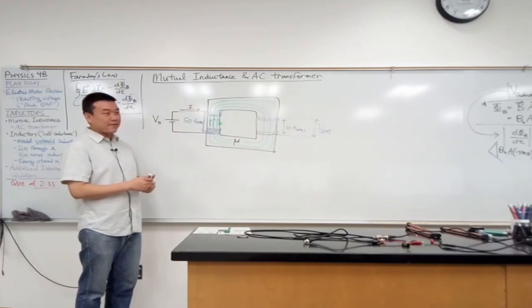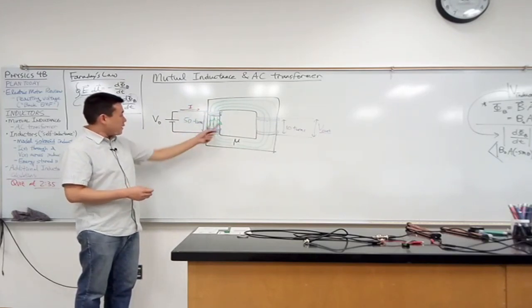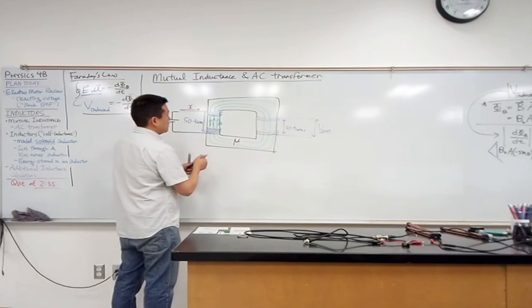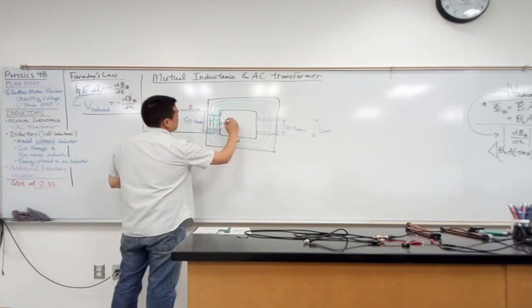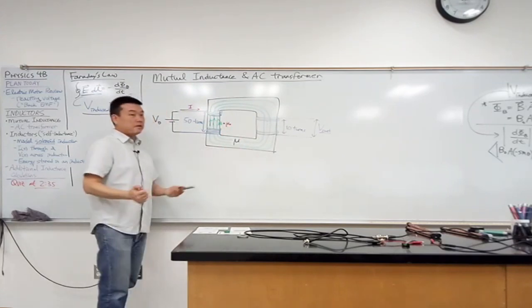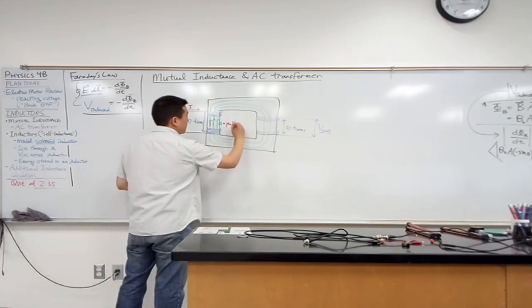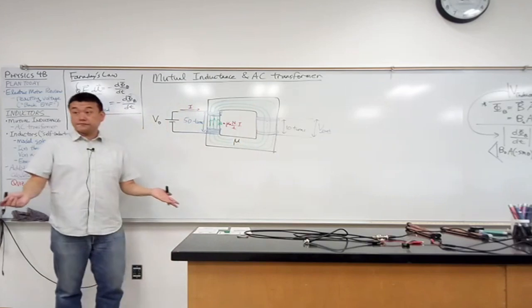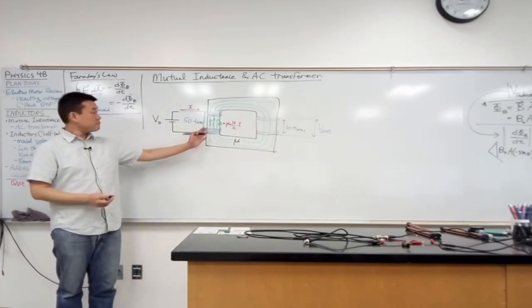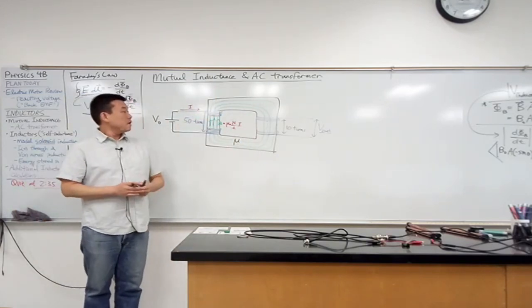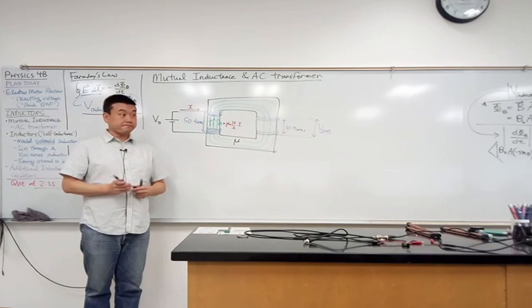If you think of it like a solenoid, then this magnetic field will be mu naught, the loop density, or the number of loops per length, times the amount of current that's flowing through. All right, so you have the magnetic field. What happens then?